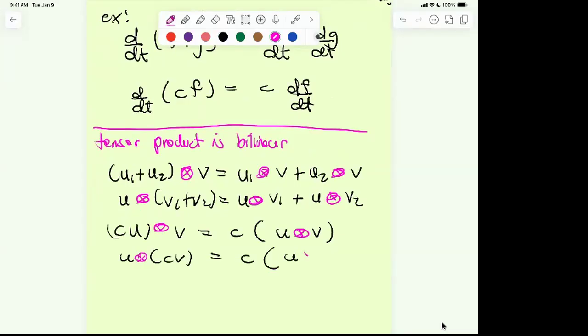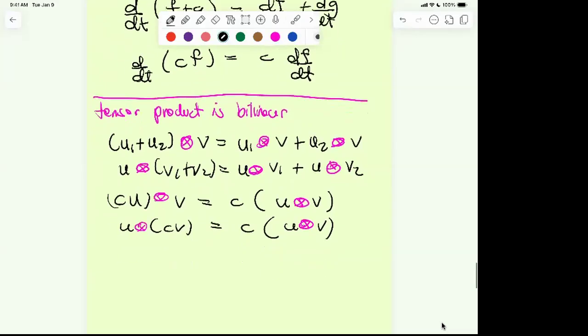All I'm saying is that if you replace one of the factors at a time with a linear combination, then you can split it up. So you think about it as being linear in each factor, and that's what bilinear means.